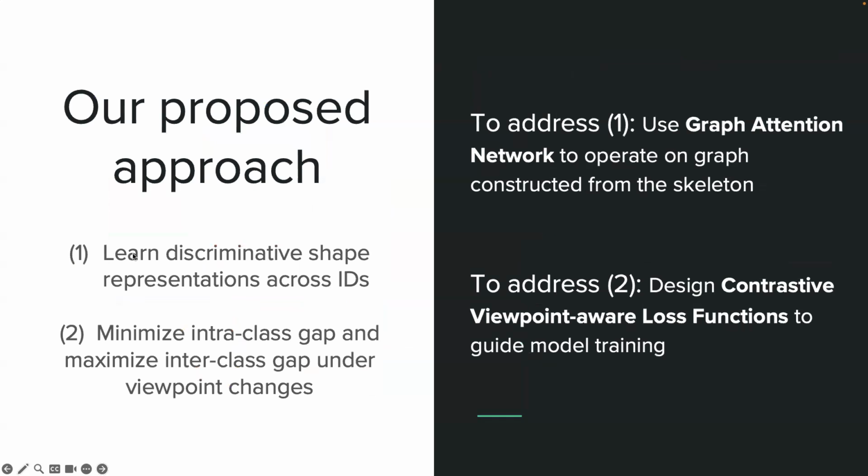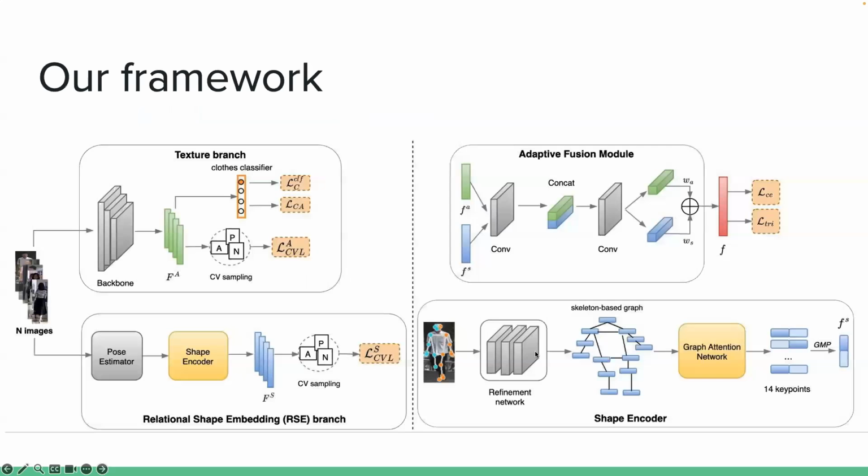A graph attention network can help to learn discriminative shape representations across identities. And second, to minimize the intra-class gap and maximize the inter-class gap under viewpoint changes, we design contrastive viewpoint-aware loss functions to guide the model training.